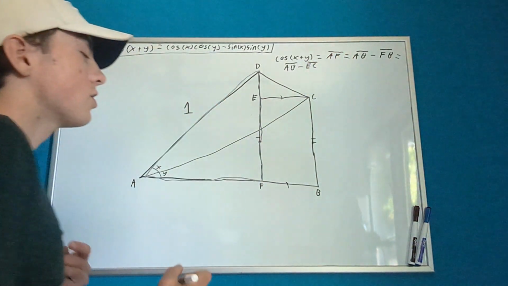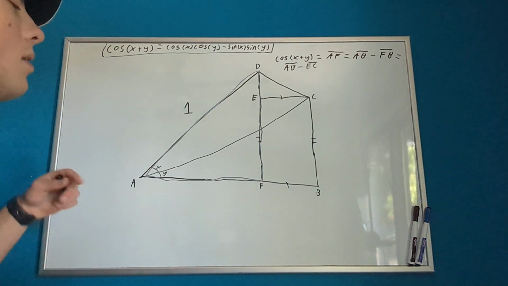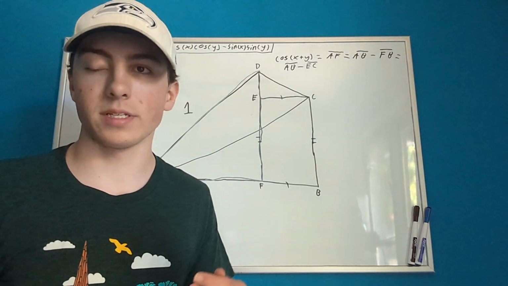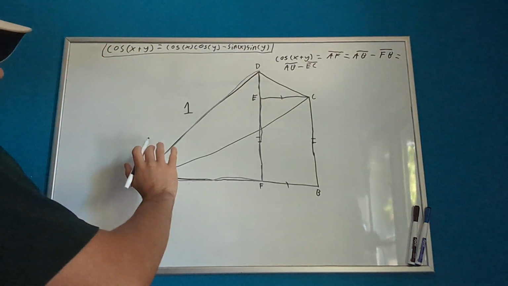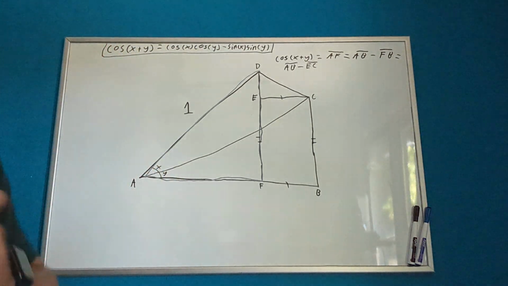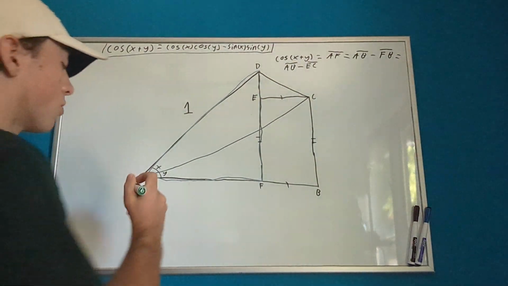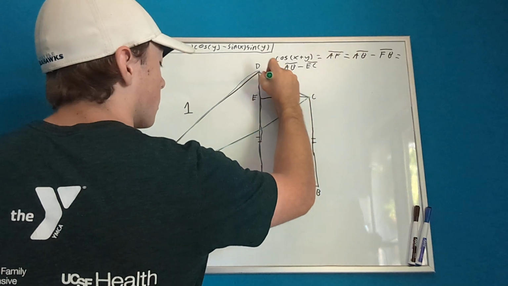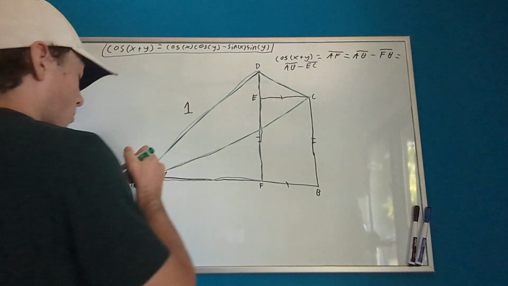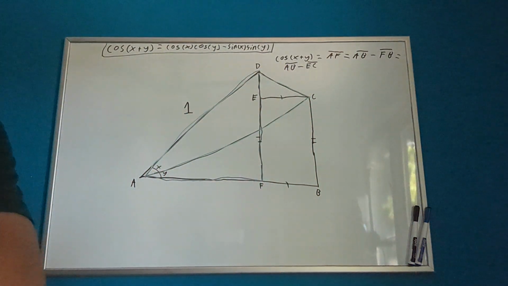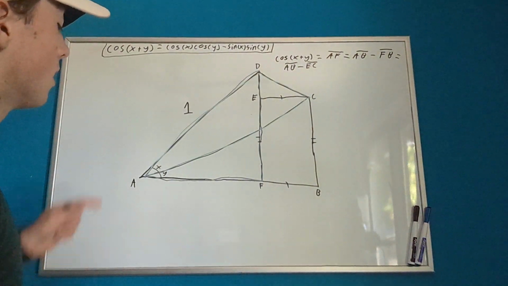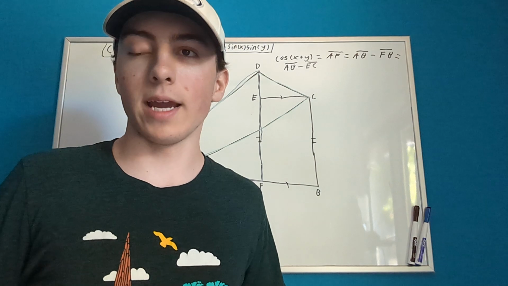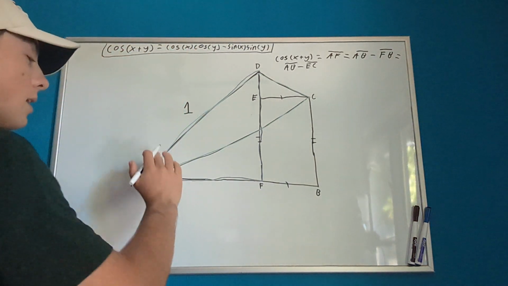Then we want to start labeling things on this triangle. We want to label as much as we can because it'll help us out. Let's take angle x and focus on the triangle that I'm going to shade in green. What would be sine of x? Sine is opposite, and what is opposite of x?